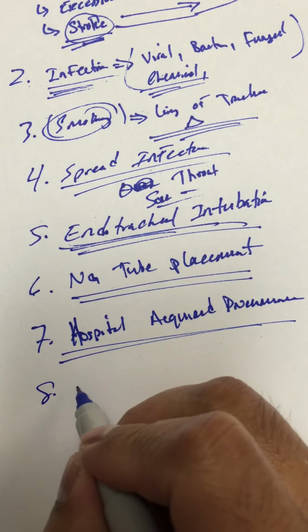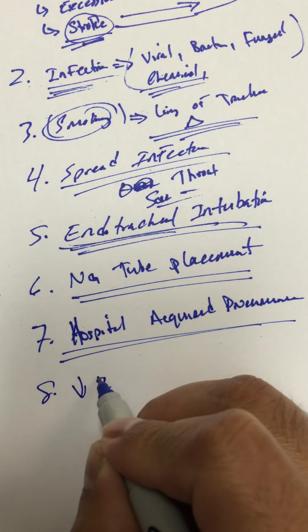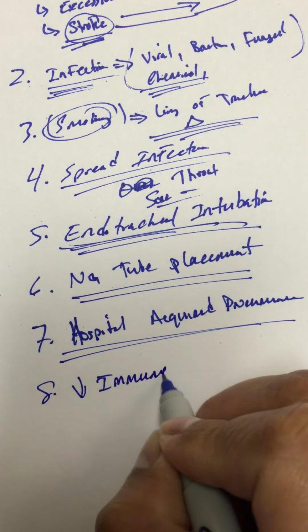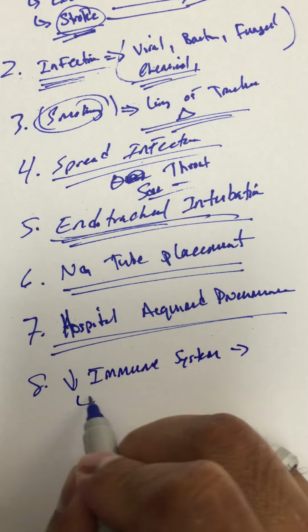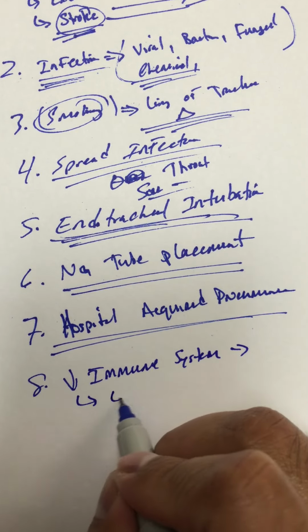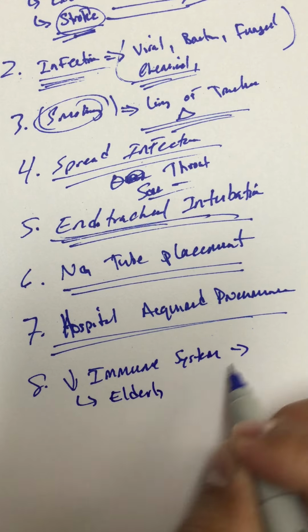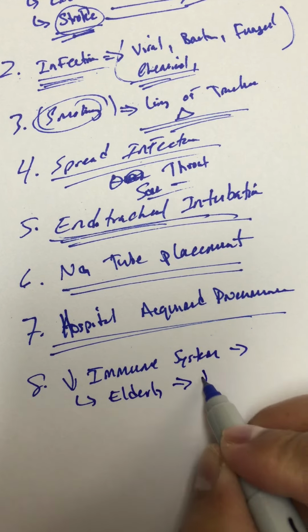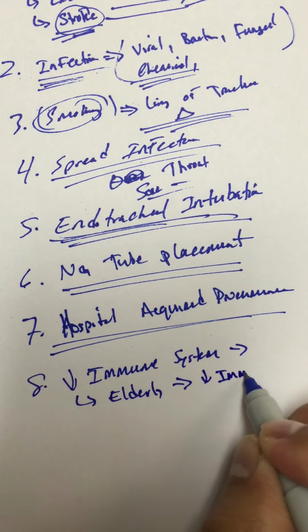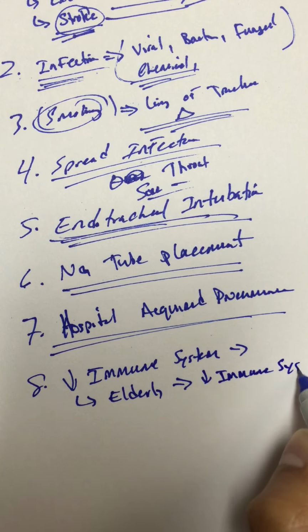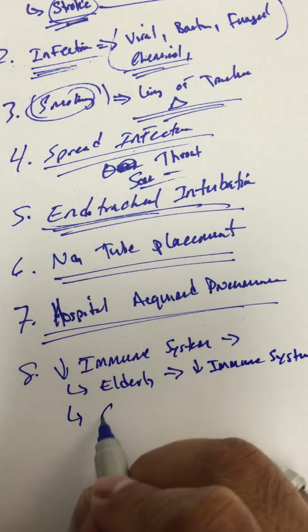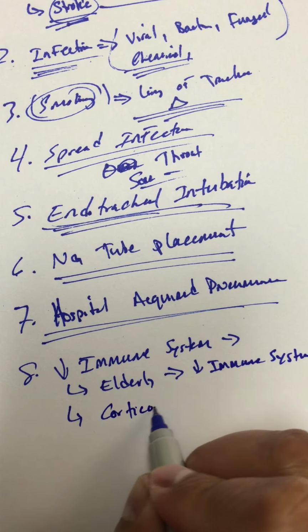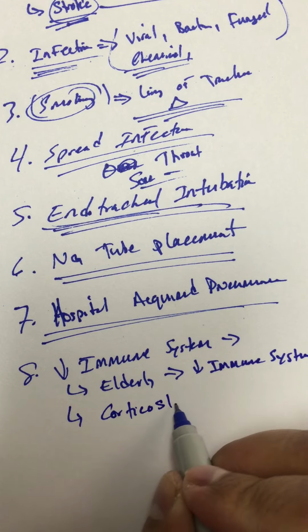Number 8, altered or decreased immune system. Now here we could run, for example, into patients that are elderly. As we age, our immune system decreases. Maybe this patient is on some type of corticosteroid therapy.